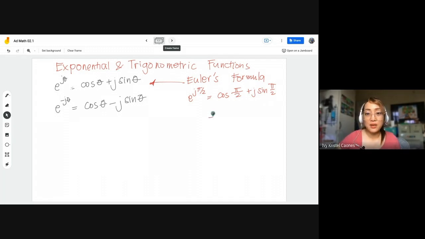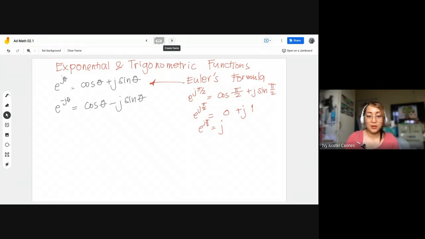We know that cosine pi over 2 or cosine 90 is 0, and j sine pi over 2 is 1. So pi over 2 is in the vertical, so there is no cosine. So the value of e to the j pi over 2 is what? J. Okay? So yun lang ibig sabihin nun.